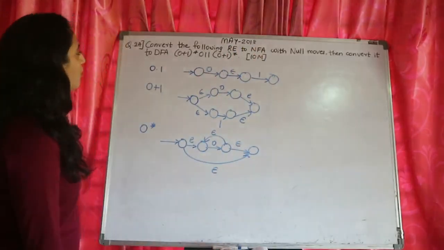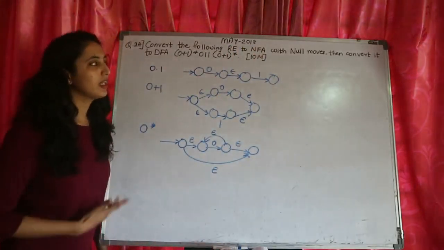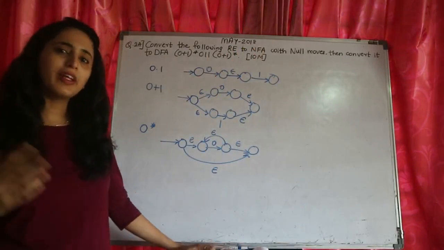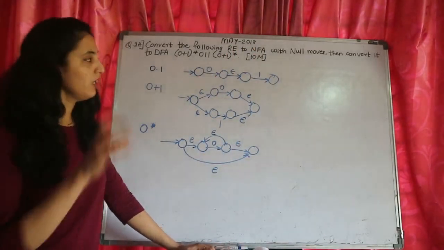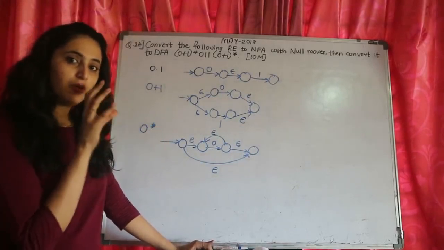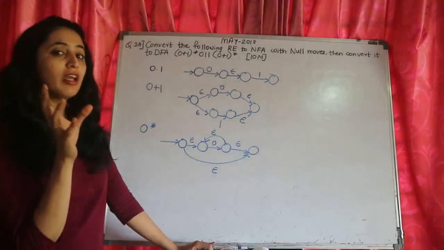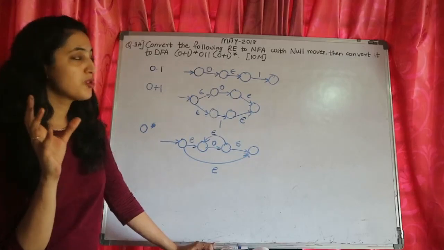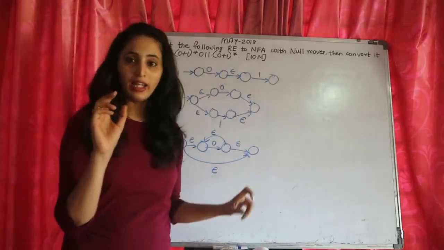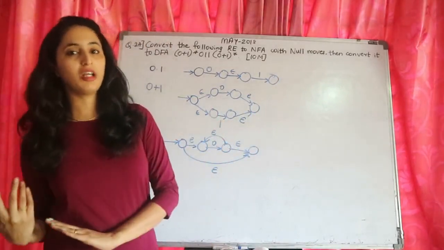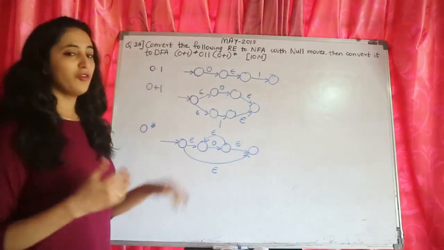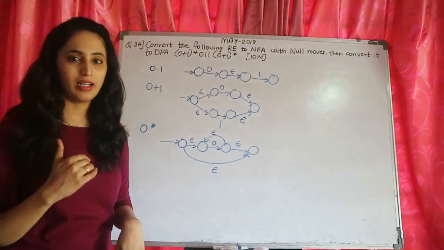Now I'll tell you one thing: this kind of question is very commonly and repeatedly asked in exams. They give you one regular expression, then you have to convert that regular expression to an NFA with epsilon moves, or null moves. Then you have to convert that NFA with epsilon moves to a DFA, and finally minimize that DFA.